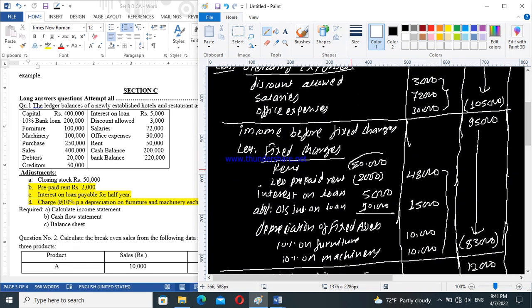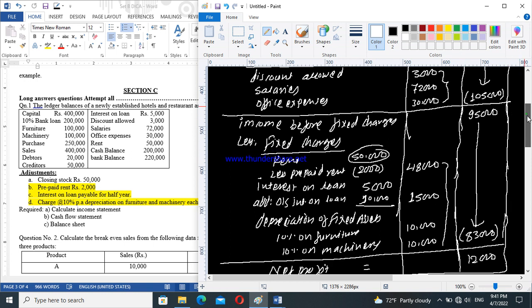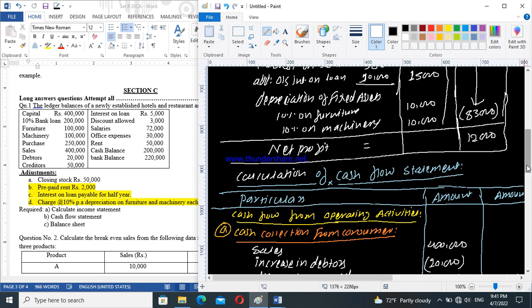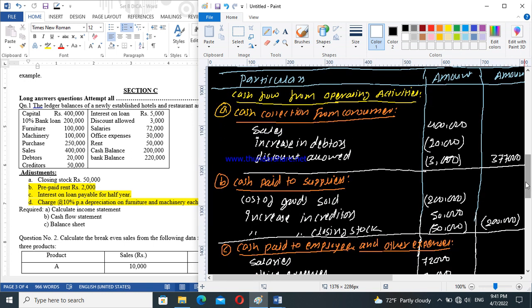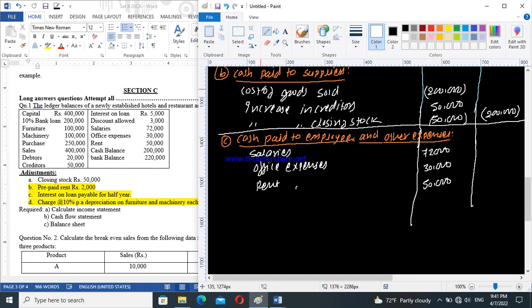Therefore do not use this below given information for calculation of the cash flow statement. Okay. Now rent, office expenses, etc.